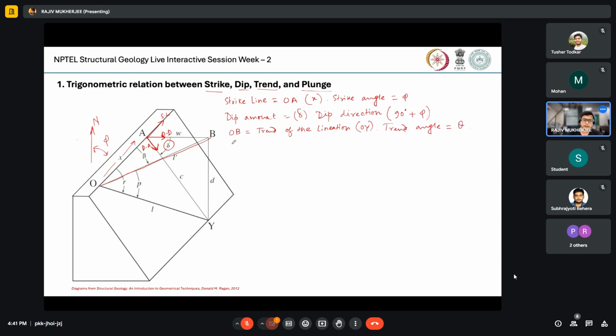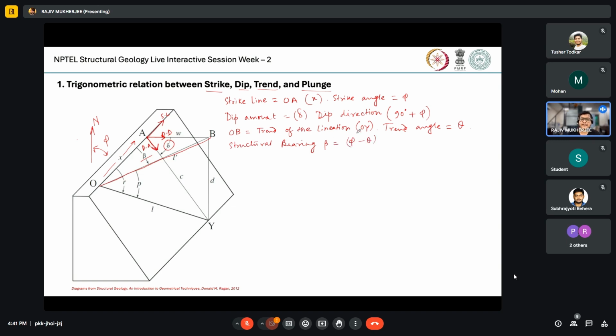Then by definition, structural bearing, which one is the structural bearing? Beta. Beta is phi minus theta. Okay.